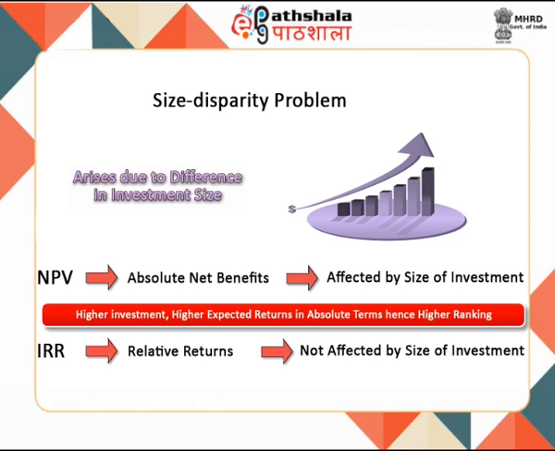Even if all the cash flows are doubled, IRR shall remain unchanged. While facing the size disparity problem, if the firm has huge funds for investment, it should decide according to the NPV method. However, if the firm is suffering from a liquidity crunch, it should decide according to the profitability index method.